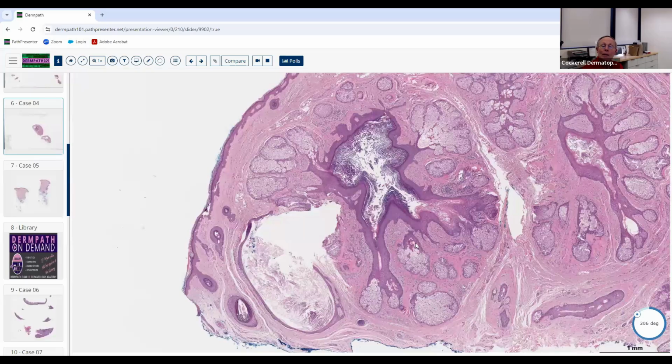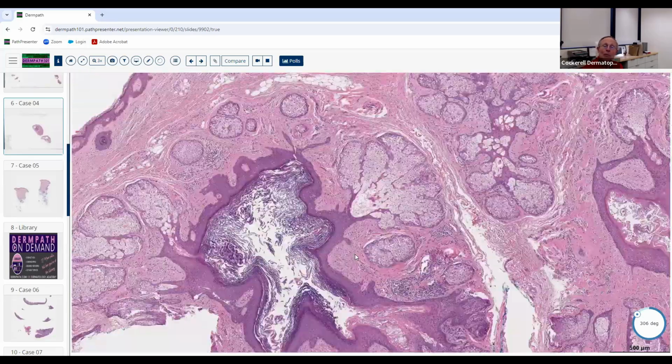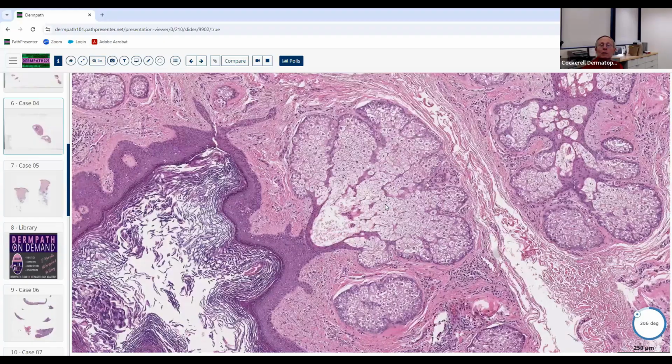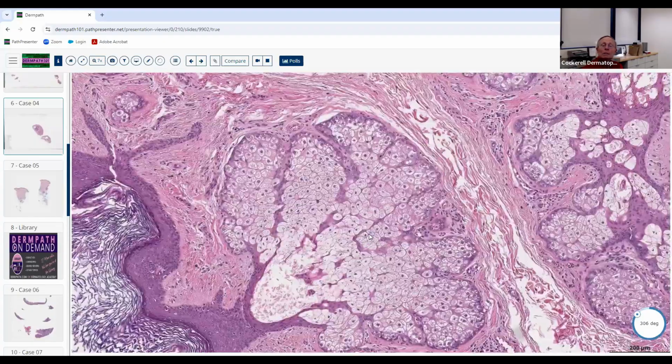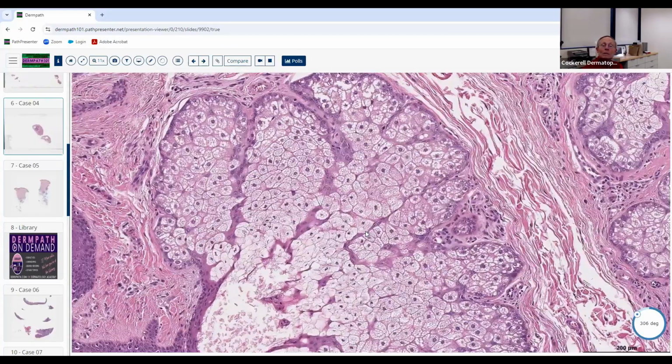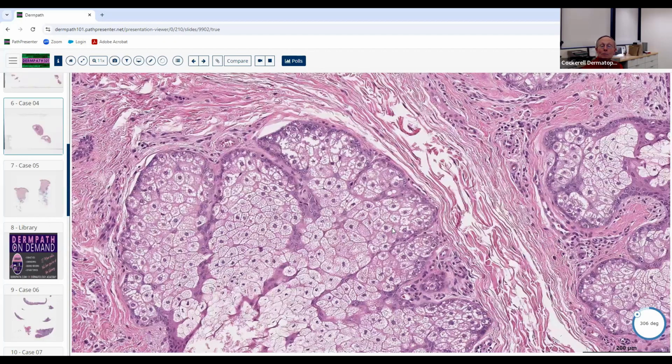Now there's two types of sebaceous differentiation, right? It's kind of a difficult question in a way, but there's two sebaceous cells that we deal with when we're dealing with sebaceous neoplasms. I'm going to point these out. Here's one, and here's another.